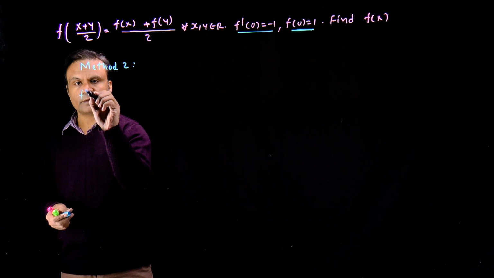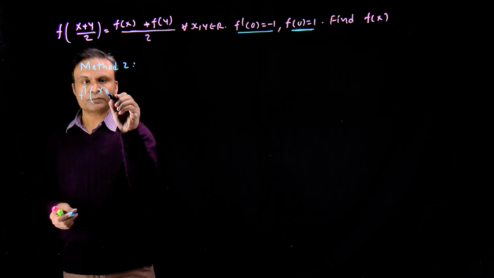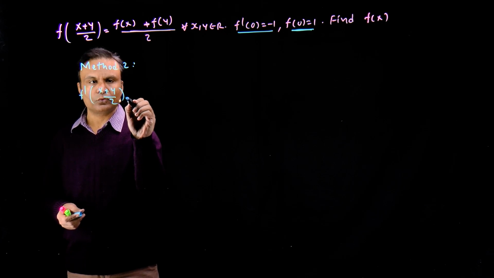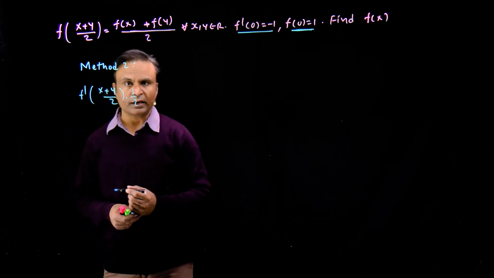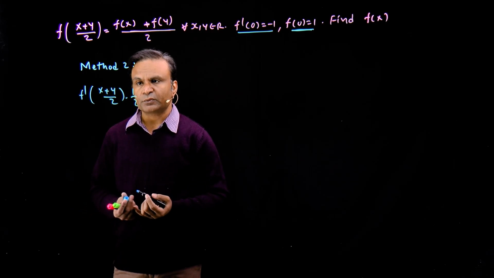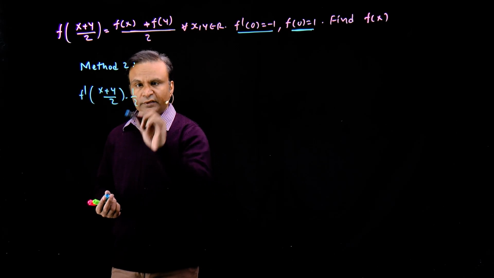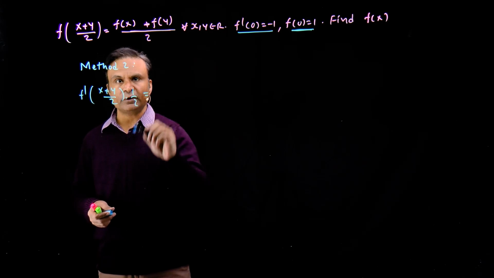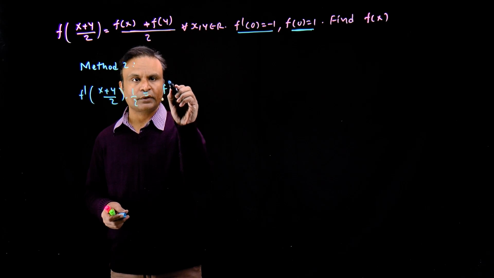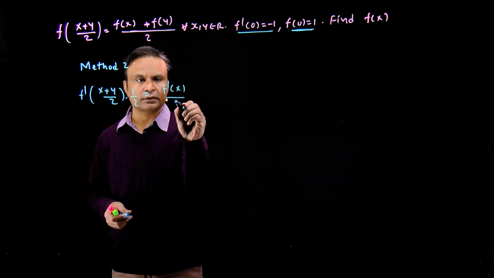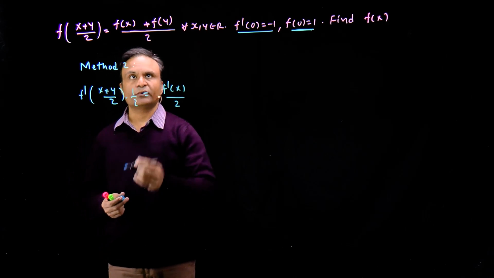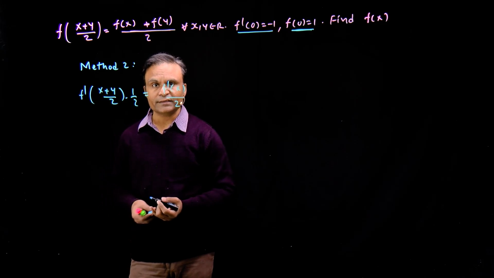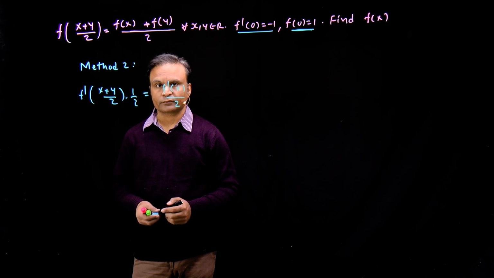So I get f dash of x plus y upon 2 multiplied by half. The derivative of x plus y is 1. So I have here half. This is equal to f dash x upon 2, because derivative of f of y is 0, it is constant.